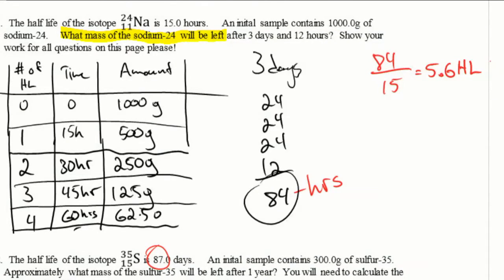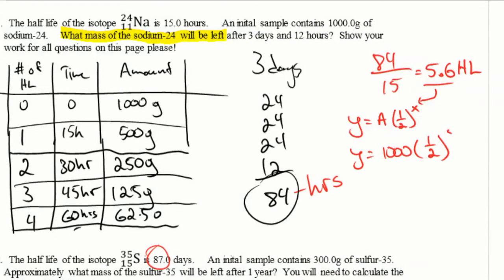Continue on. 5.6 half-lives. Let's use our formula again that I just wrote down. Y is a 1/2 to the x. So I'm going to put this 5.6 in for x. I'm starting with 1,000 grams. 1/2 to the power of 5.6.